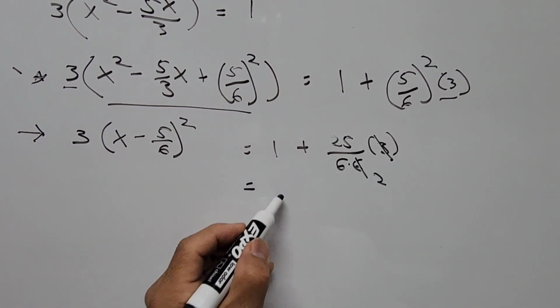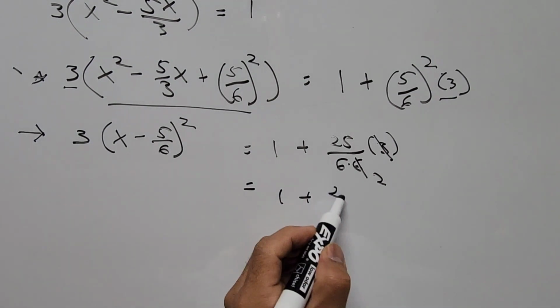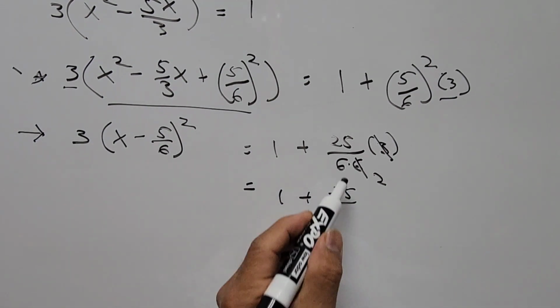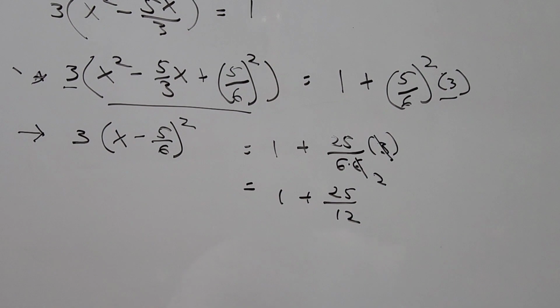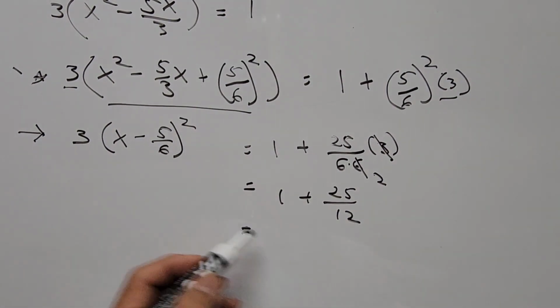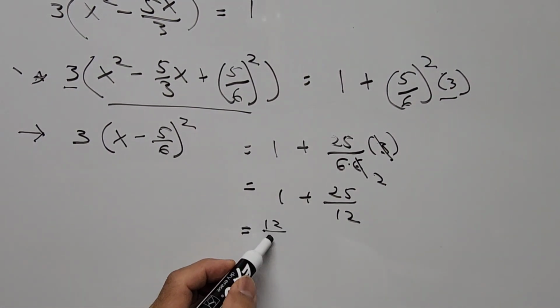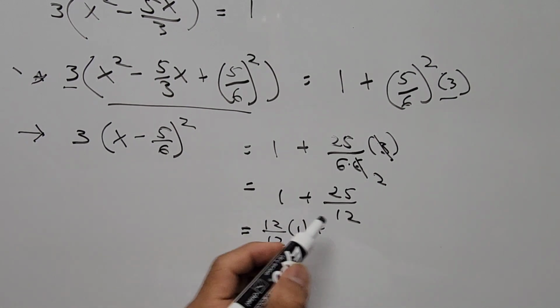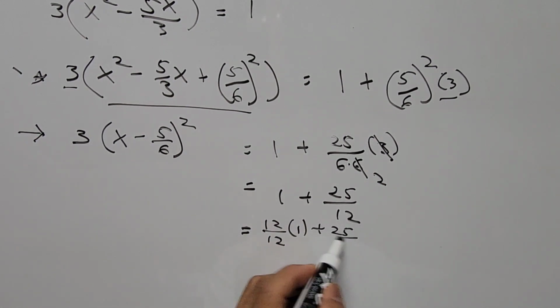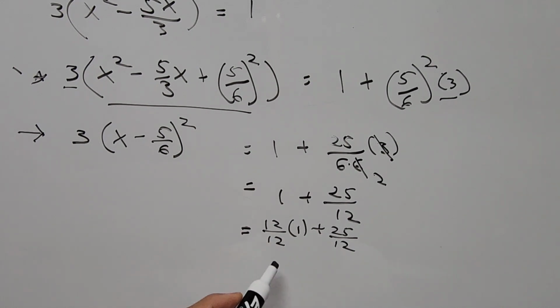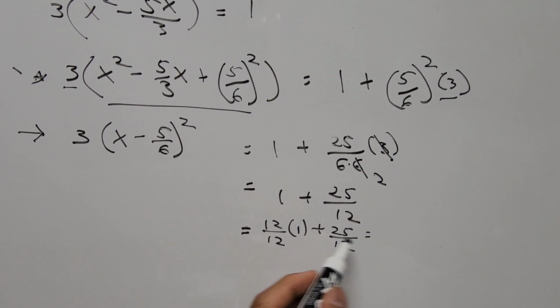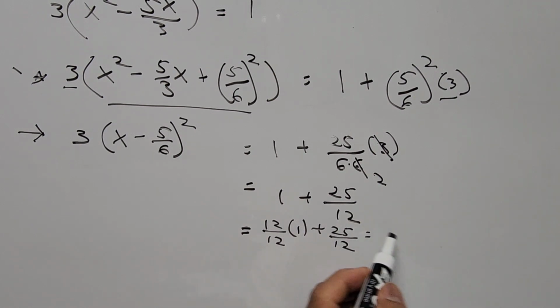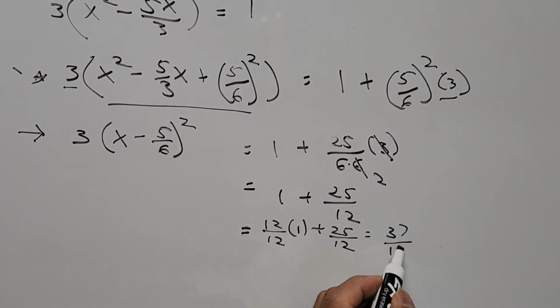So we ended up with 1 plus 25 divided by 6 times 2, which is 12. Simplify it further. We multiply the first term by 12 over 12 times 1, for the purpose of simplifying the fraction, plus 25 over 12. So we now have the same denominator: 12 plus 25 is 37 over 12.